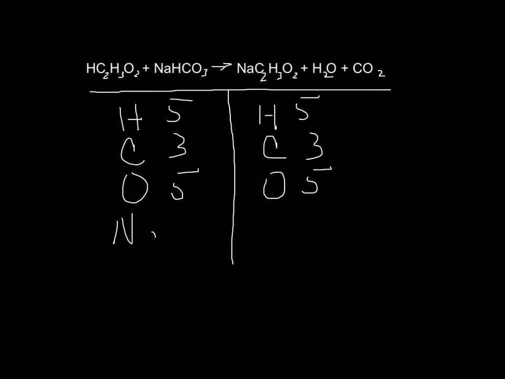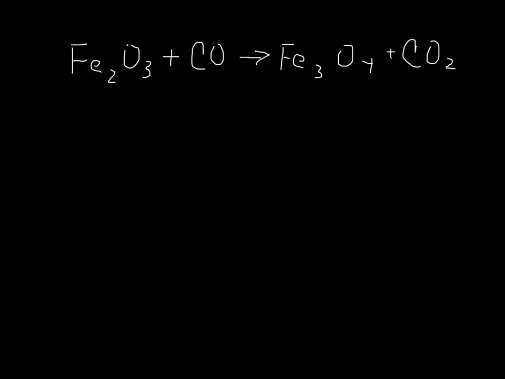So sodium is 1. We go over to the product side. There's 1 sodium atom there. And so if we look, we have the same elements in the same numbers on each side of the equation, and that makes the equation a balanced equation.